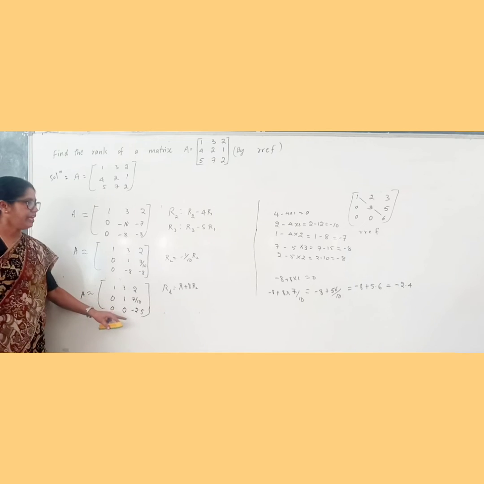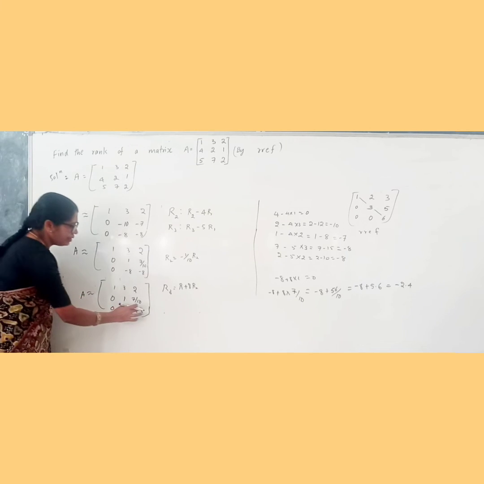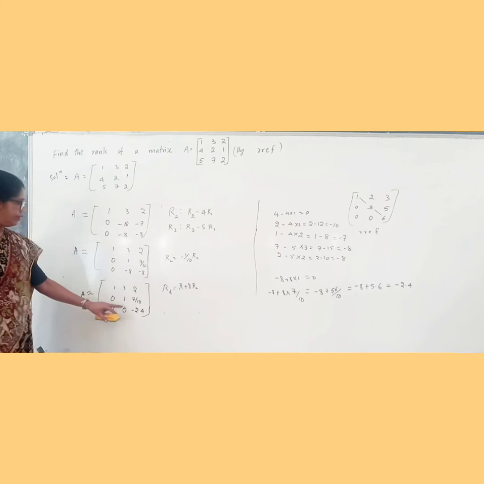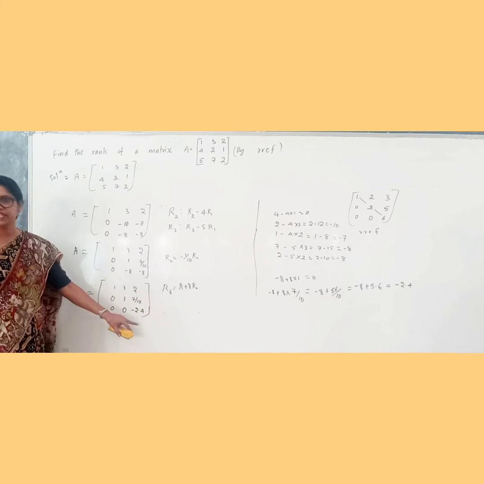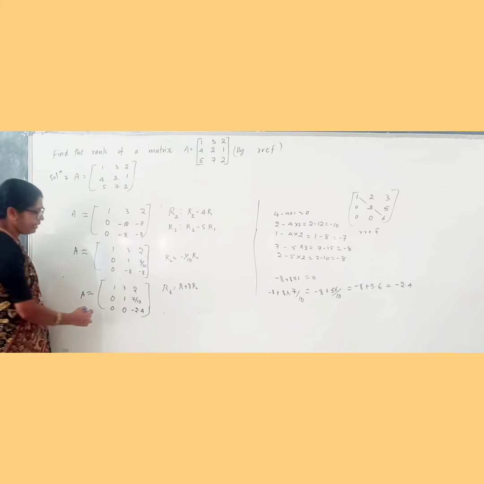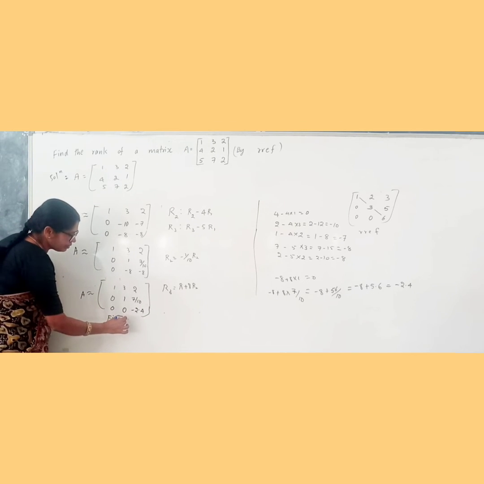See, further you cannot simplify this because you cannot have further operations here. So this is the final echelon matrix. In the final echelon matrix, we have 3 non-zero rows.